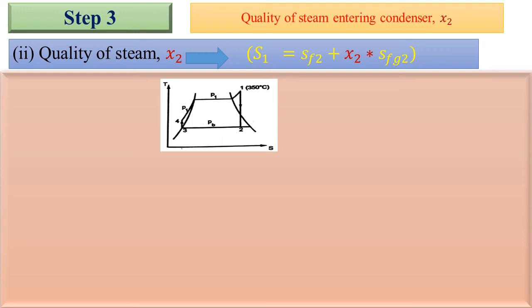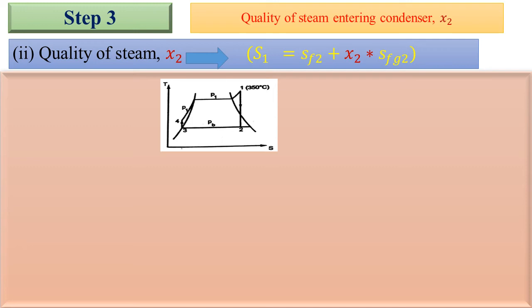We observe this TS diagram. From the TS diagram we can see process 1 to 2 is expansion over the turbine, while 2 to 3 is the condenser process, the condensation process. After full expansion over the turbine till point 2, that steam will enter into the condenser at point 2.